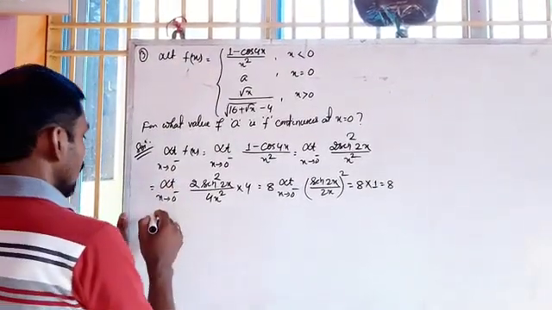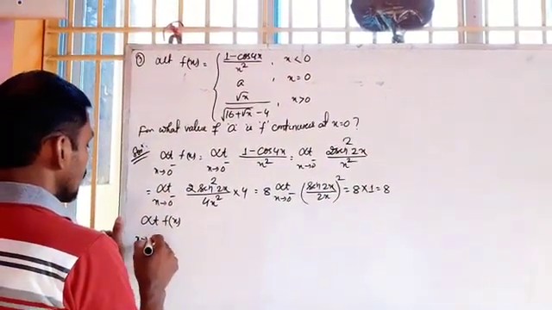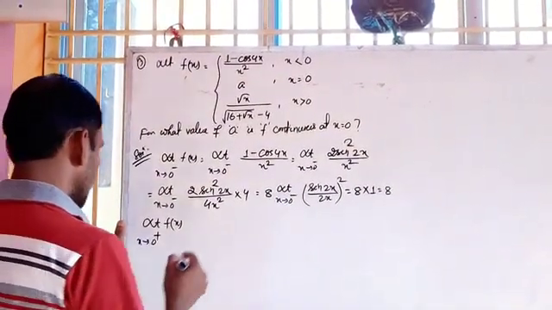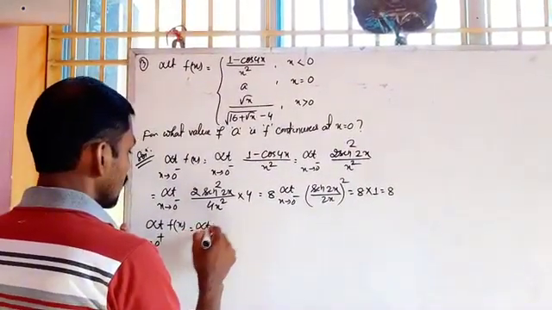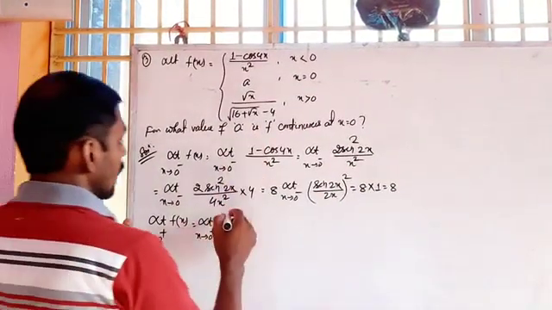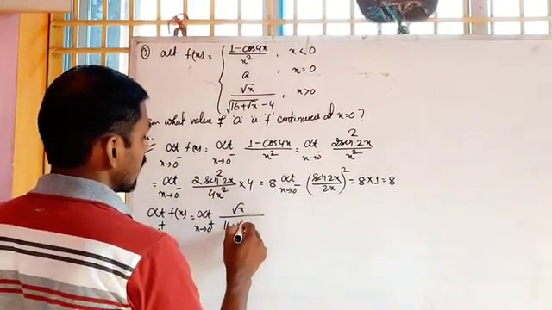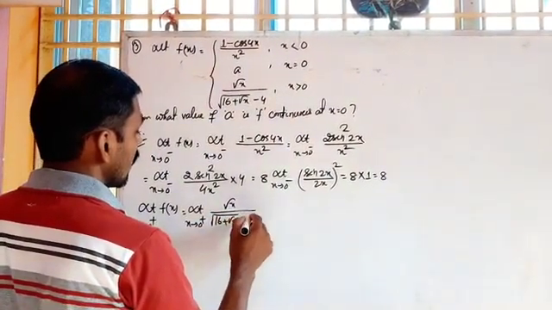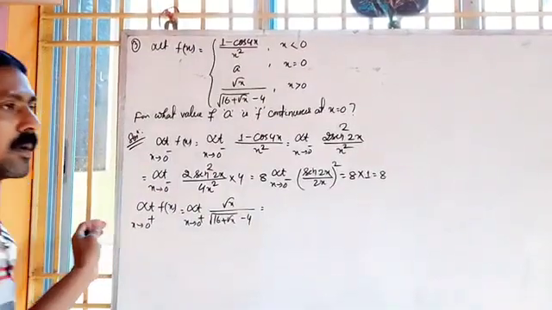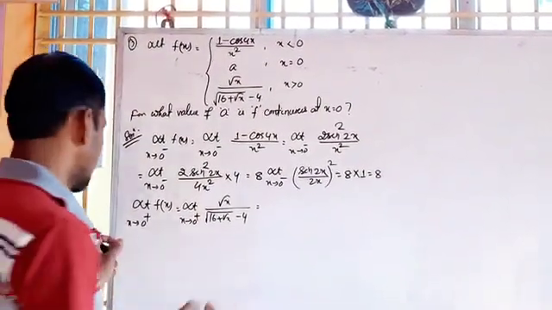Okay. The right hand limit of f of x, x tends to 0 plus. So limit x tends to 0 plus, value is root x by 16 plus root x whole root over minus 4. Now your square root is there, so you have to rationalize.